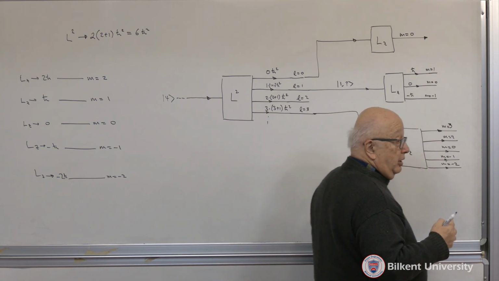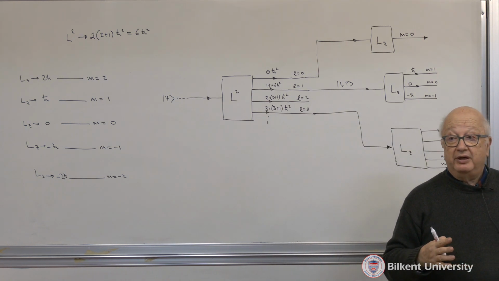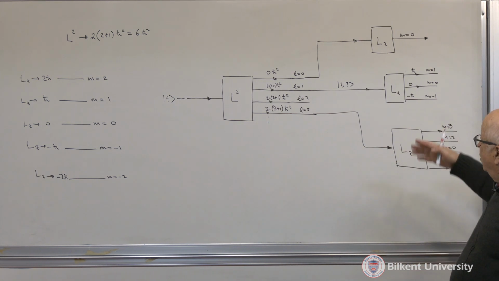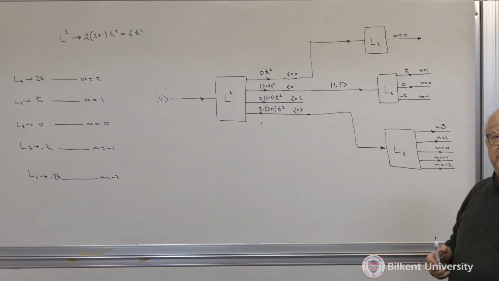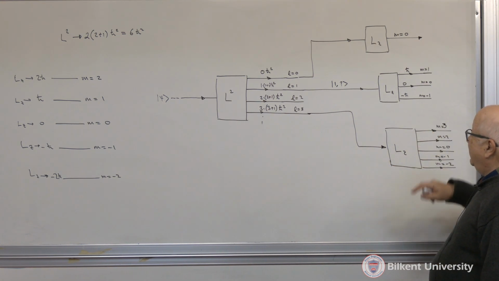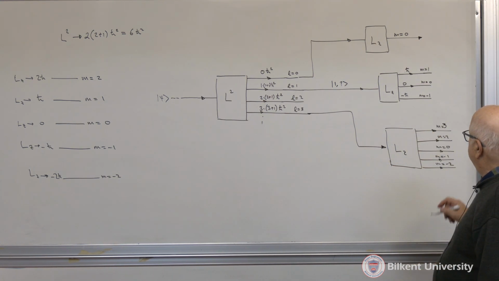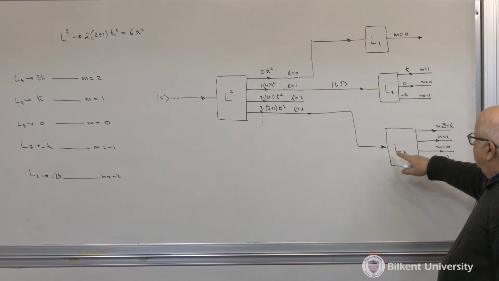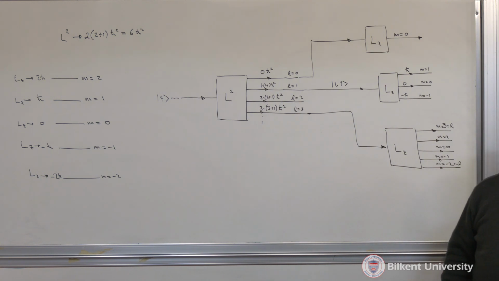A consequence of this is that you get all of these possibilities, starting with the plus L value. So m equal to 3, the maximum one, is equal to L, and the lowest one is equal to minus L. Here you see it's the L equal to 3 case.